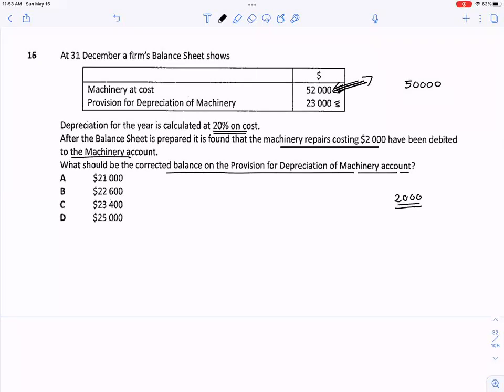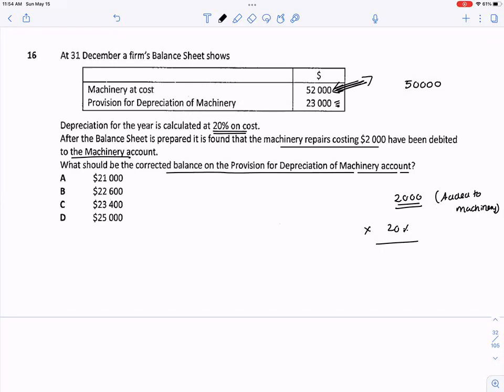2,000 rupees extra was added to the machinery. Yes or no? Yes. So what is 20% of 2,000? 400.